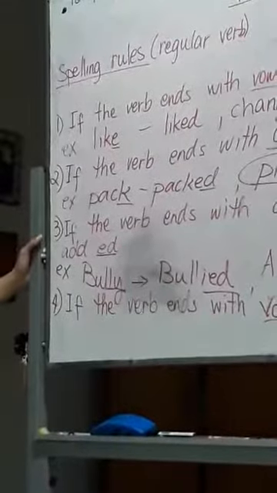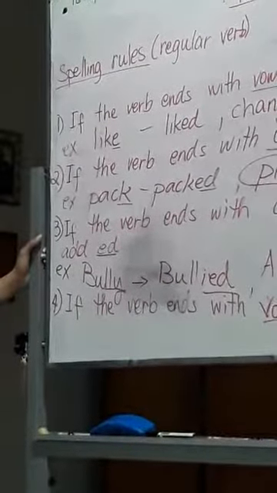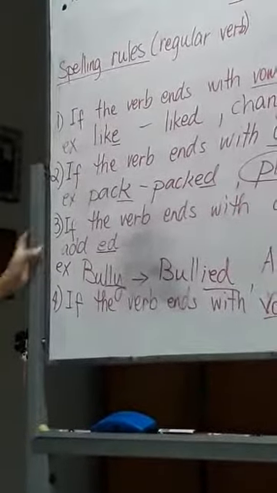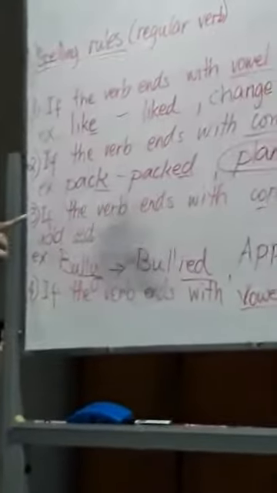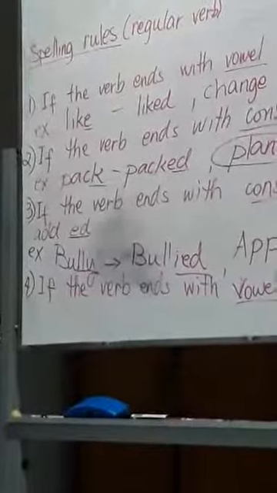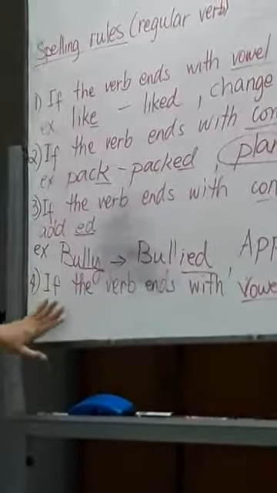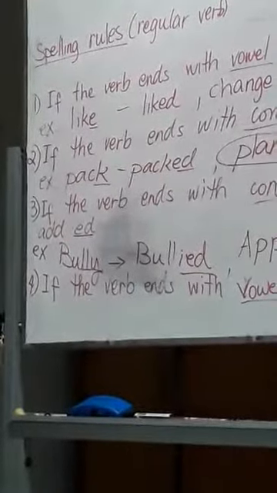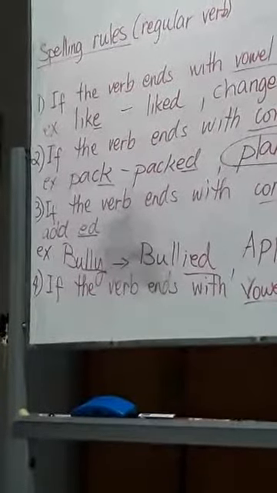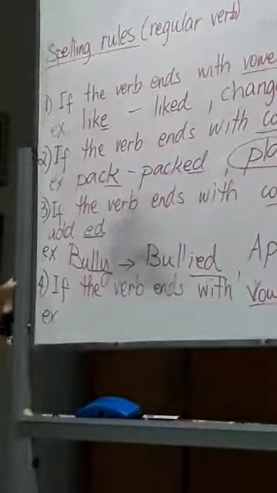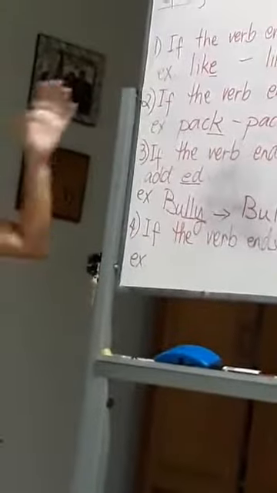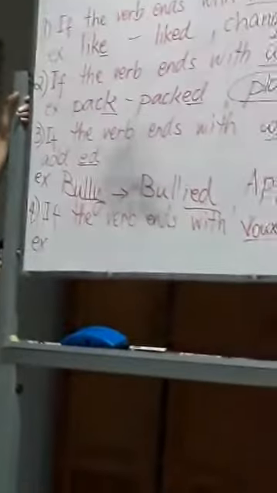You don't have to change Y to I. You just need to add ed. Not like the previous one, where you have to change Y to I only if it ends with consonant and Y. But if it ends with vowel and Y, just add ed. No change of Y to I. Okay? Can you give me an example? Play. Can you use another word? We've been using that three times already.